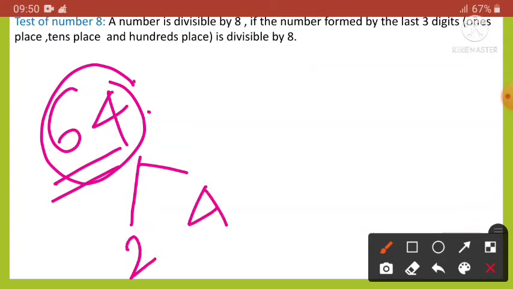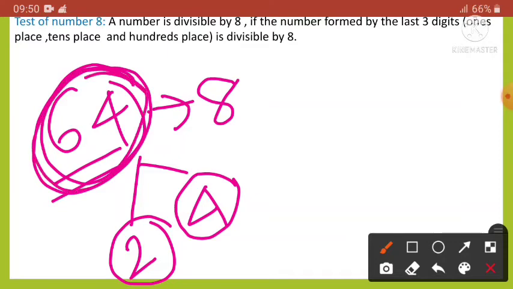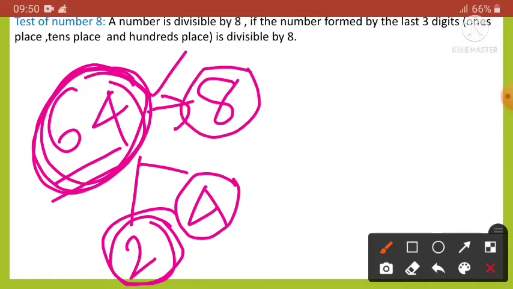If the number is divisible by 4 and 2 both, then we can say that this number is divisible by 8, because 2 and 4 are the factors of 8.